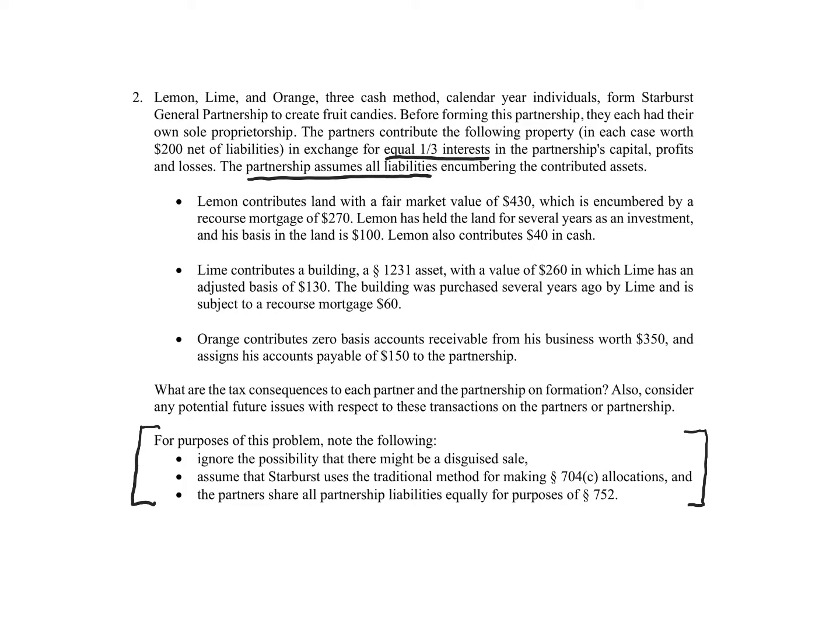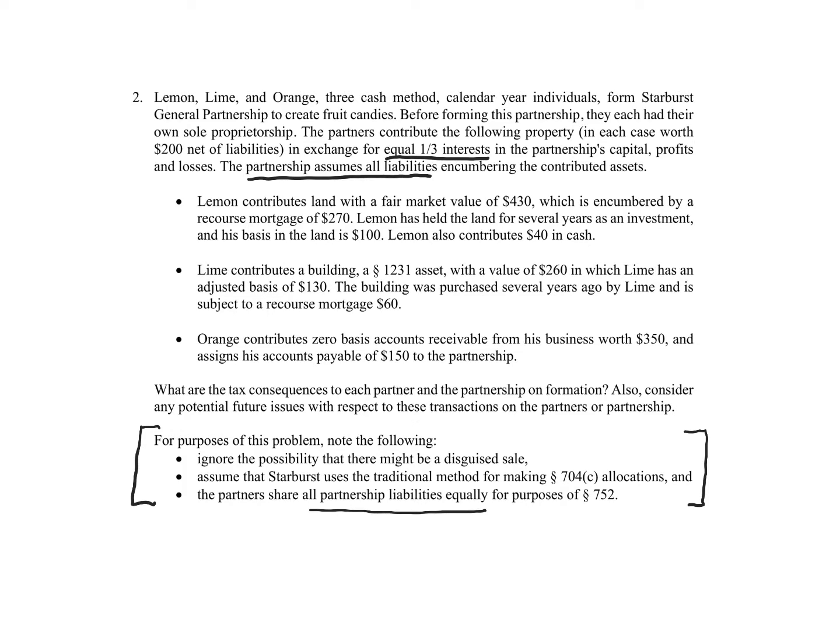We're just going to assume that all liabilities are going to be split equally, which kind of makes sense because they have equal profit and loss ratios. Both liabilities are recourse. Even if they were non-recourse, we would do the same for the assumption for this question.